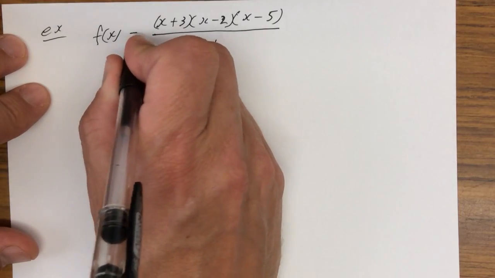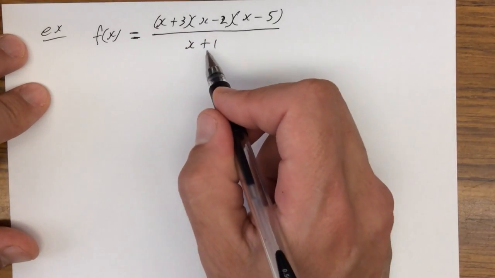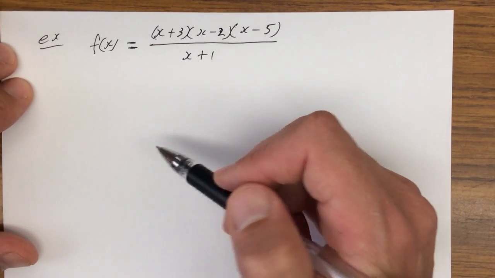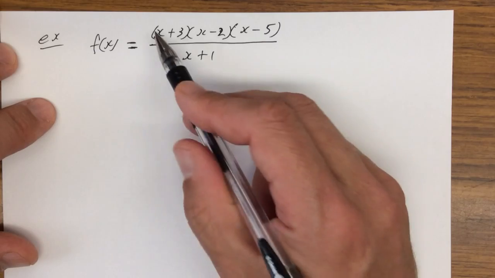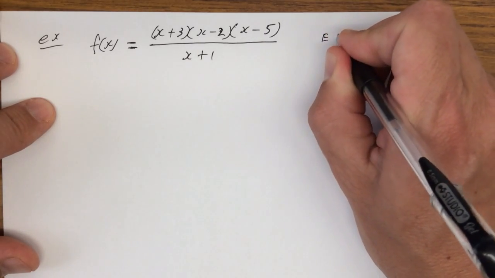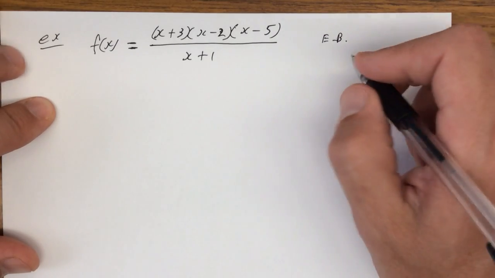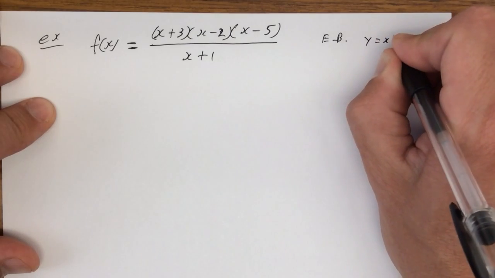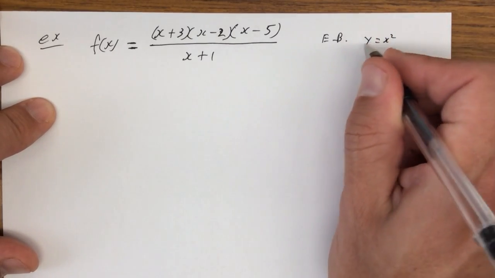So there is a cubic divided by a linear, and you know that the end behavior is going to be like a quadratic. The leading coefficients are 1, so the end behavior, EB, is basically y equals x squared. So it goes off like that.